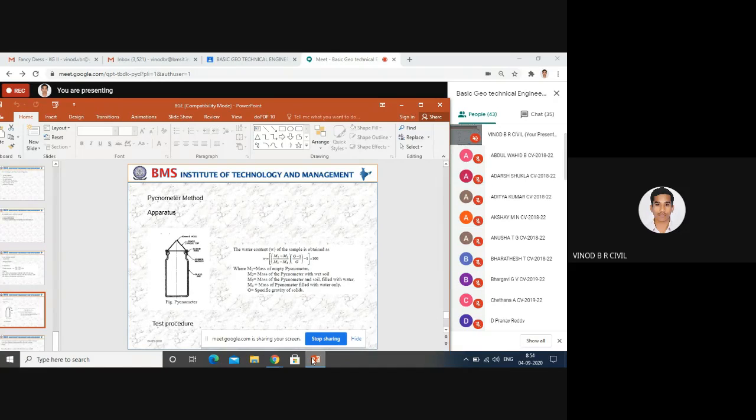And next one is M4, the mass of pycnometer filled with water only, that is the pycnometer bottle full of water. Now calculate M1, M2, M3, M4 with the help of the weighing balance.